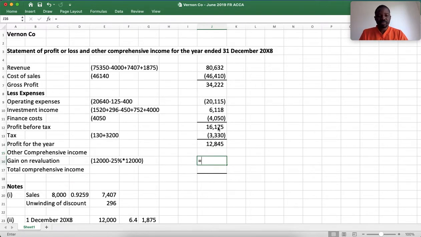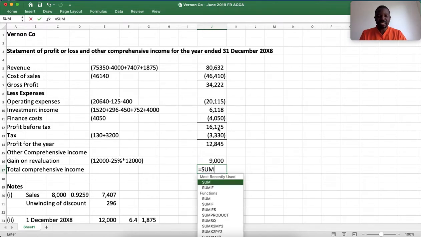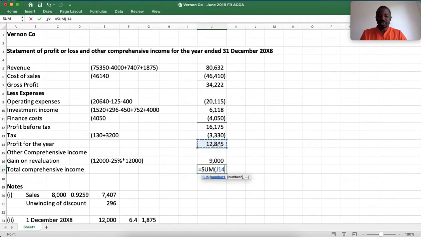Then we have our gain on revaluation, net of deferred tax. We get 9,000. Then we add with the profit for the year. We get our total comprehensive income is 21,845. That's how you are supposed to be approaching these exam questions.